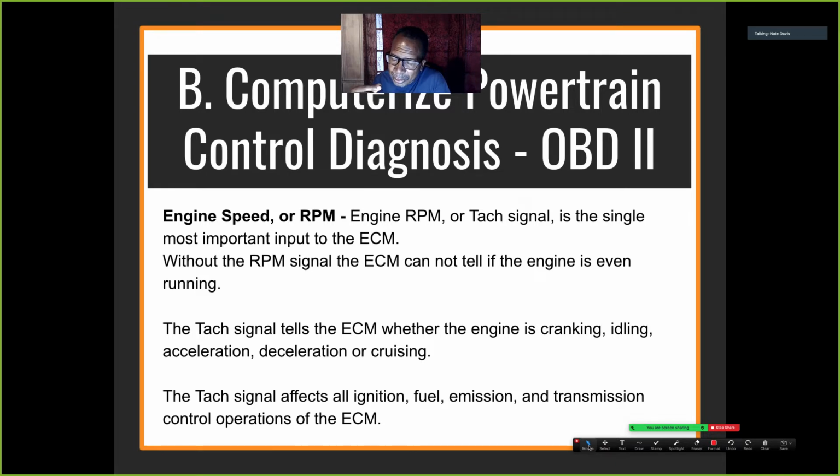All of a sudden, the RPM signal goes from a nice clean, let's say, 4,000 hertz, and drops down to 600 hertz. The signal drops out. To the computer, it thinks you turned the key off.